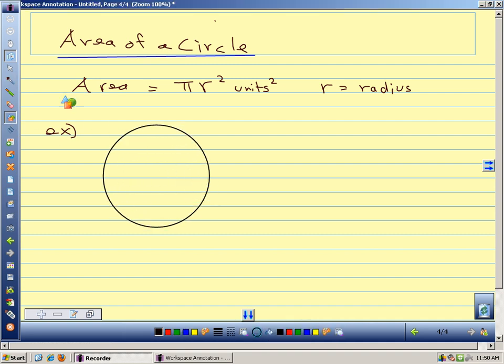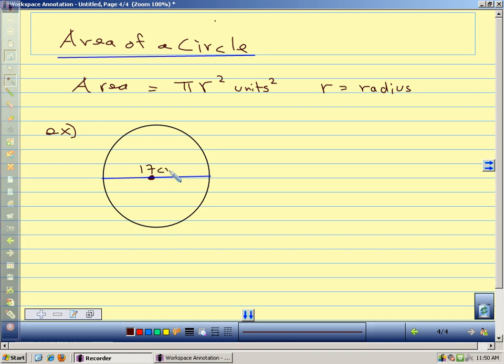So here's my circle, and the center. And this is 17 centimeters. And I want the area.